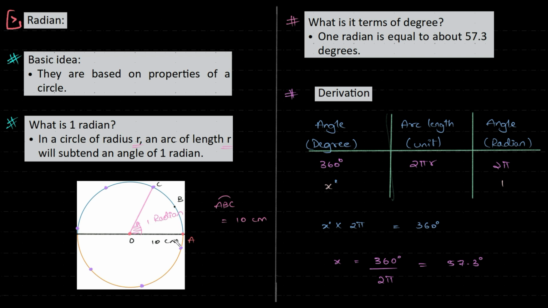That is, if I measure an arc length of 10 centimeter, and the radius happens to be 10 centimeter, then an angle of 1 radian is measured. The relationship between a radian and a degree is that 1 radian is equal to 57.3 degrees. And we use the concept of radians in physics and engineering, other than of course in mathematics as well.